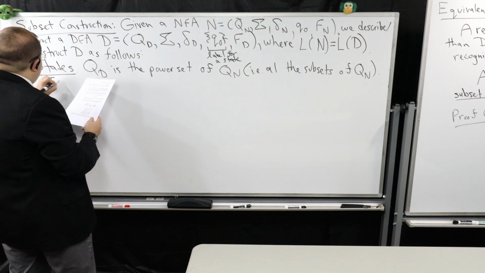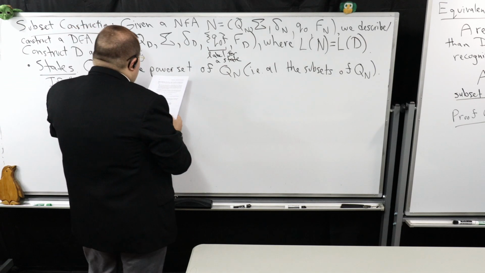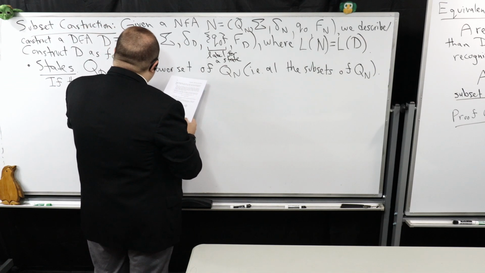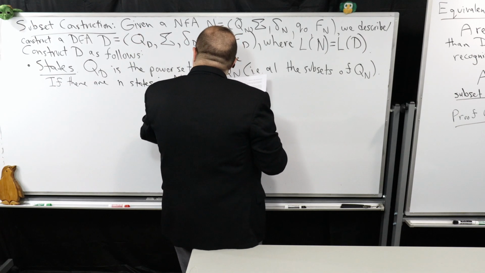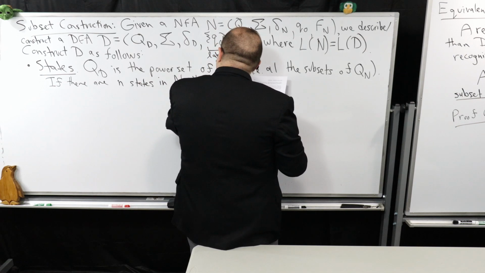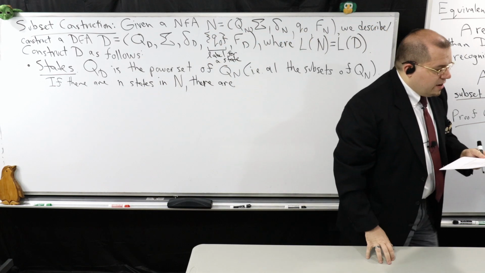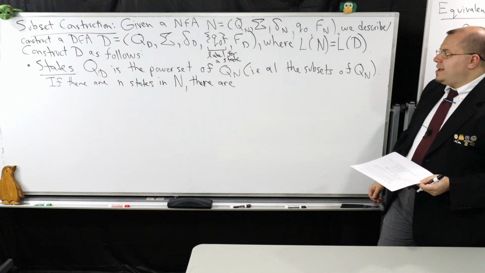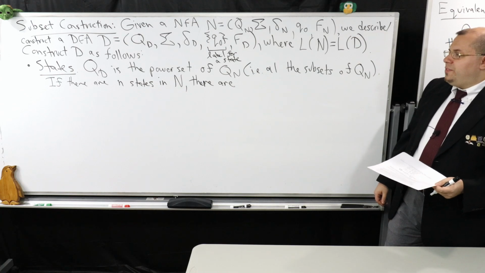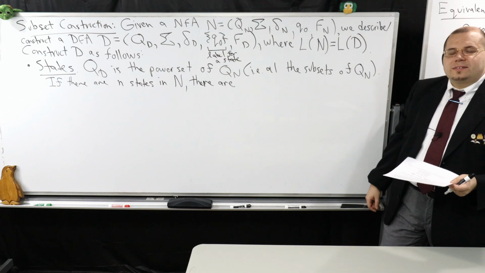So just as a remark, if there are n states in N, how many states are there in D then? How many states would D have if it's the power set of QN for the states?